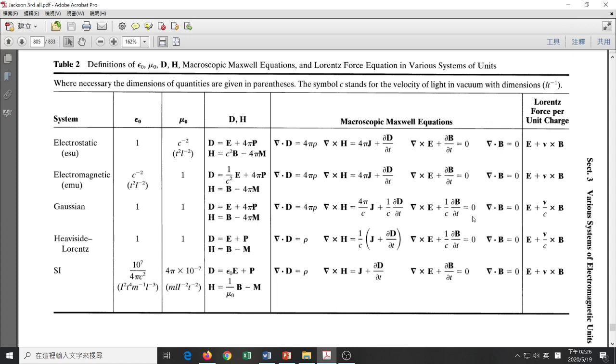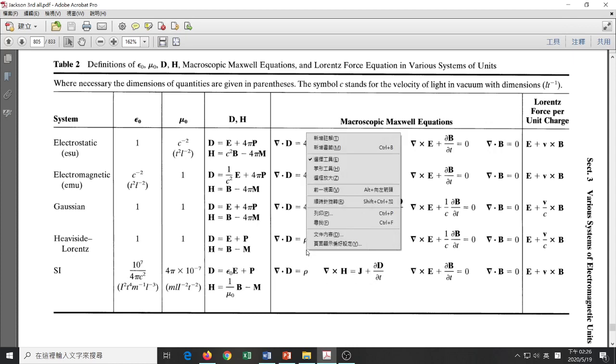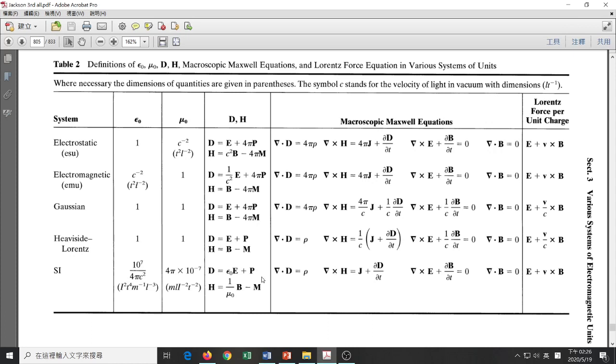And in Gaussian units, it looks like this form. In SI units, this form. So you should learn how to convert. In Gaussian units, epsilon 0 is 1, mu 0 is 1. However, in SI units, it's not. Epsilon 0 is very small. Mu 0 is also very, very small.